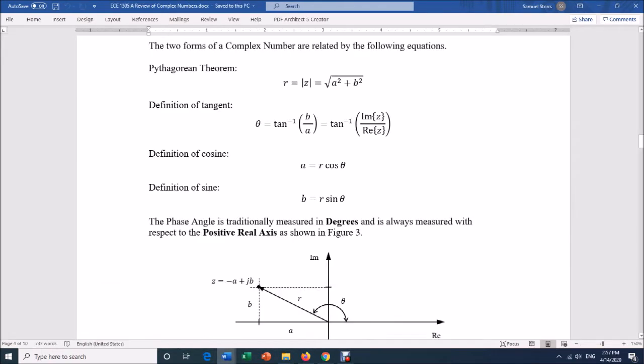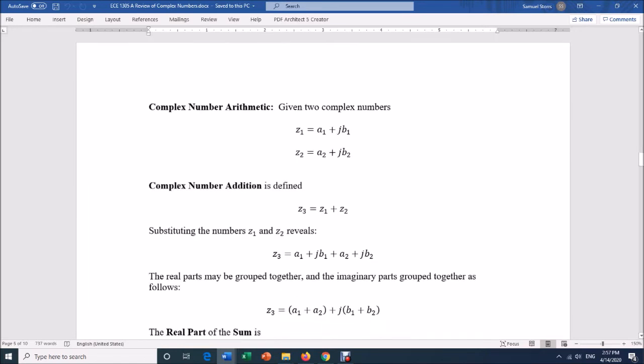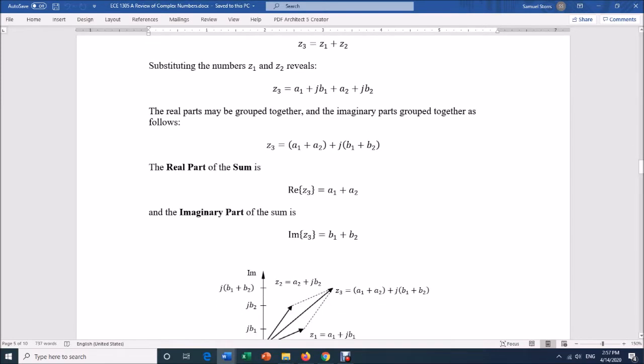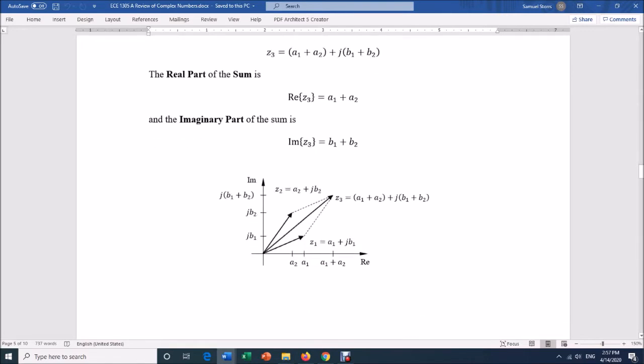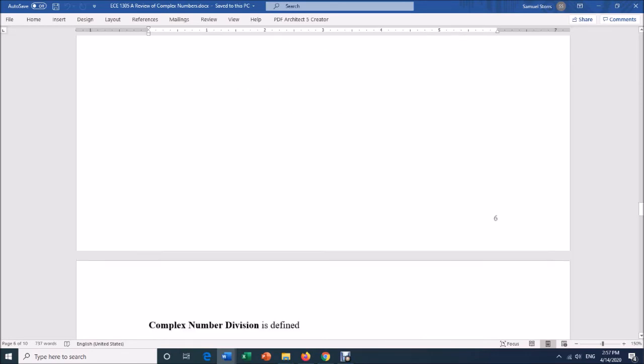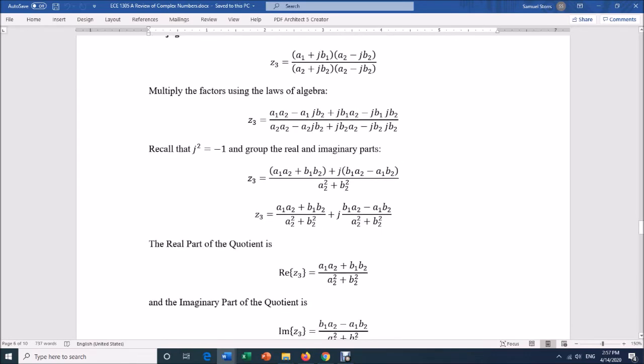And again, you have the information on the numerical operations for complex numbers in this document that is reviewing complex numbers. How to do complex number addition and subtraction, and complex number multiplication, and also complex number division.